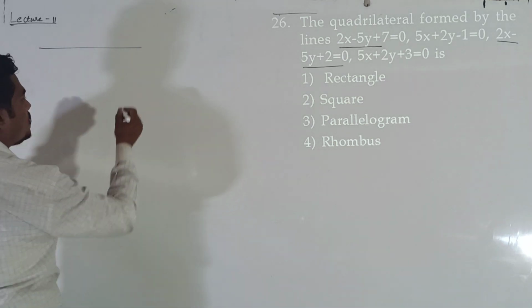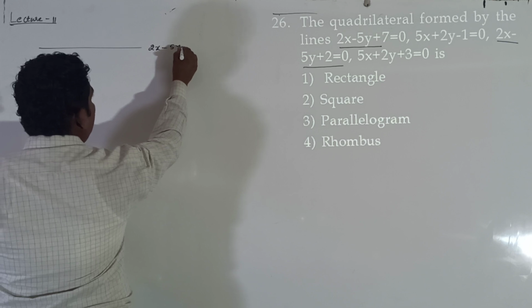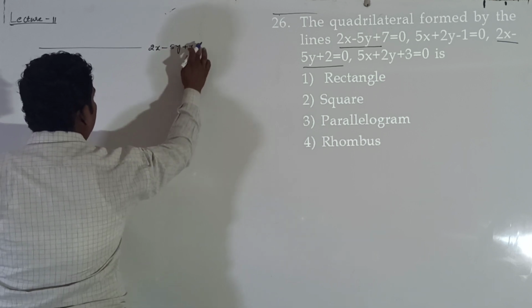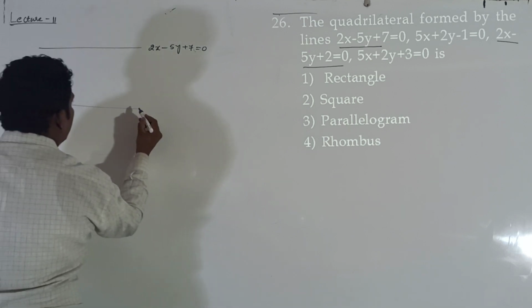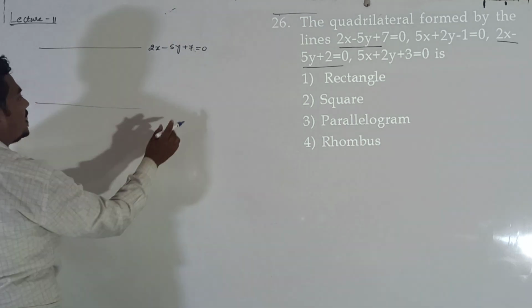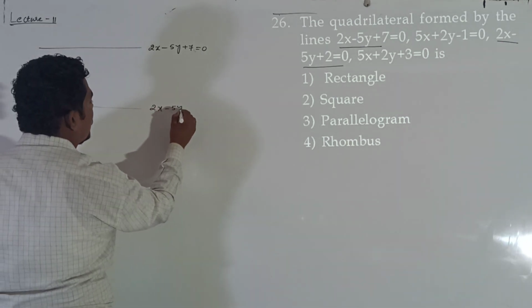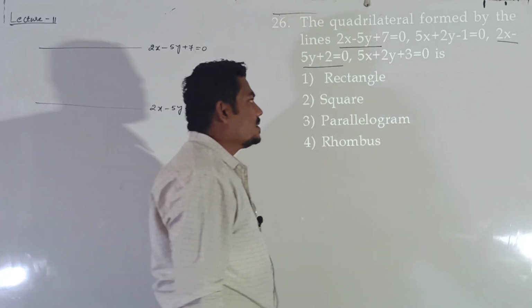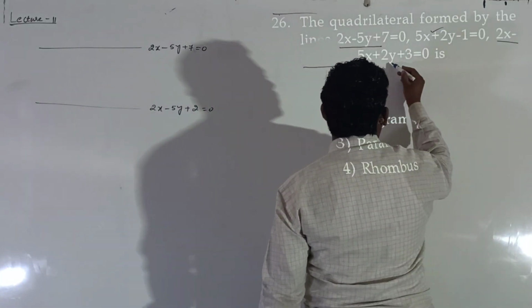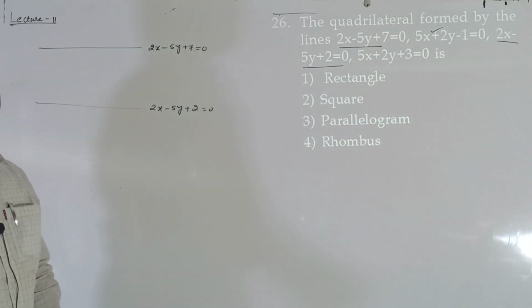This is one line whose equation is 2x minus 5y plus 7 equal to 0. And look at the third line. The equation of the third line is also given, that is 2x minus 5y plus 2 equal to 0. And look at the second and fourth equations. Clearly the second and fourth equations are also parallel lines.